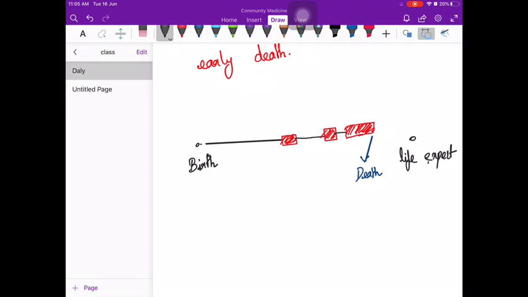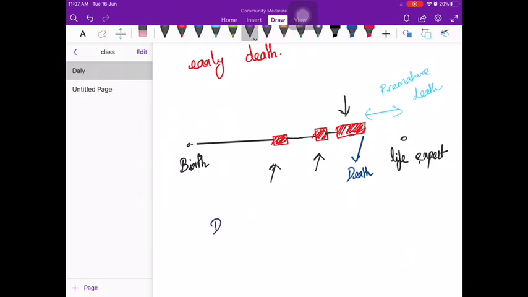So if you see here, the person throughout his lifetime got disabled for a certain period of time, here and here, and he lost some years due to death, that is premature death, from his life expectancy.